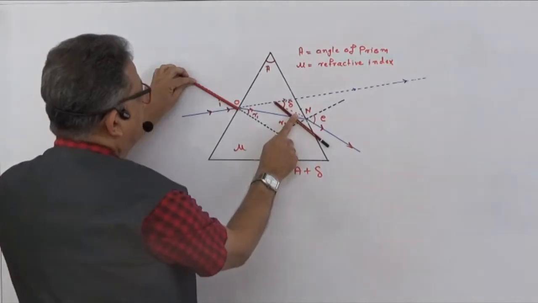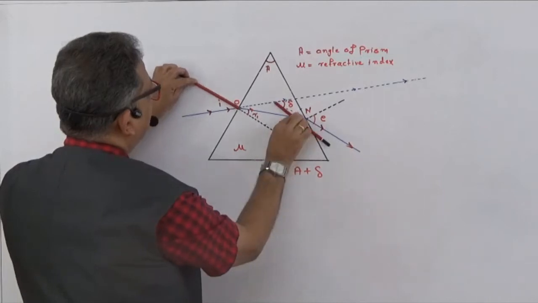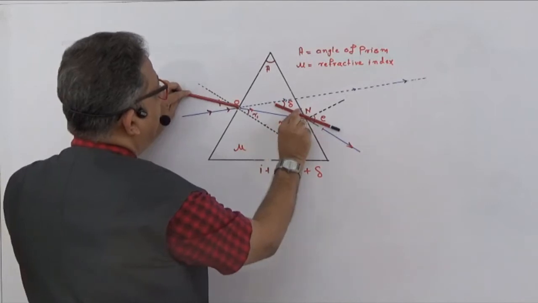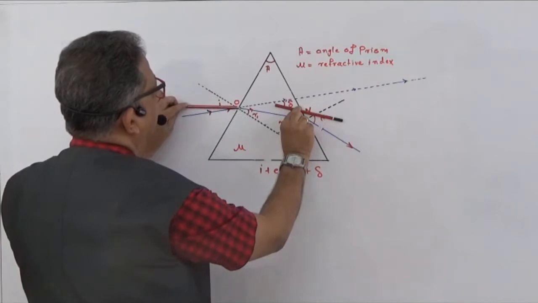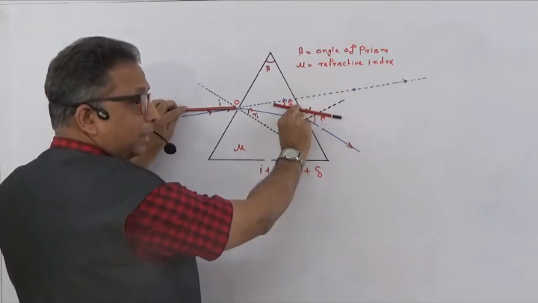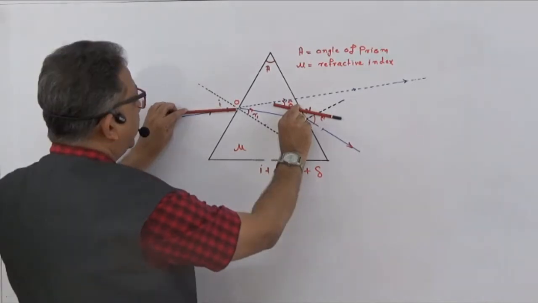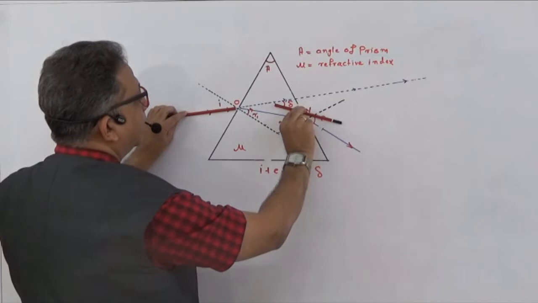Now as I keep on increasing my angle of incidence, the angle of deviation starts reducing. Here I am increasing the angle of incidence. After one particular angle of incidence, even though I keep on increasing, the angle of deviation will not decrease further, but again it will start increasing.